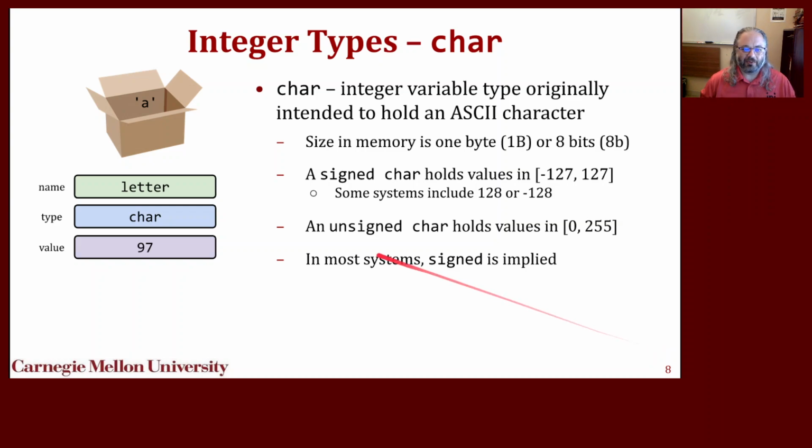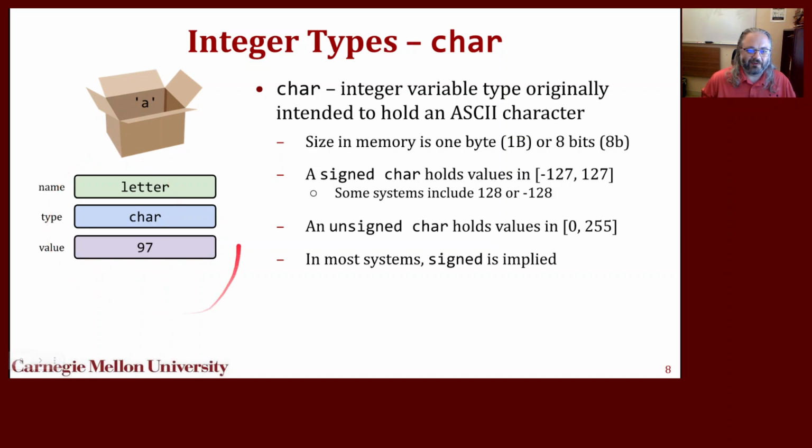In this example, I have a box holding a character A. In C, an ASCII character is denoted by having single quotation marks around it. So single quote A means the ASCII character A, which as an integer is encoded as the number 97, because that's just the ASCII value for that character.